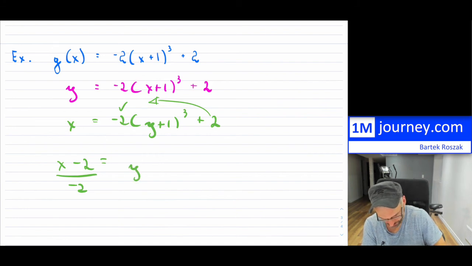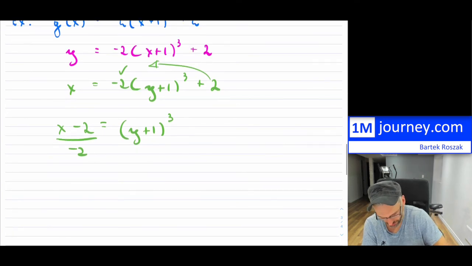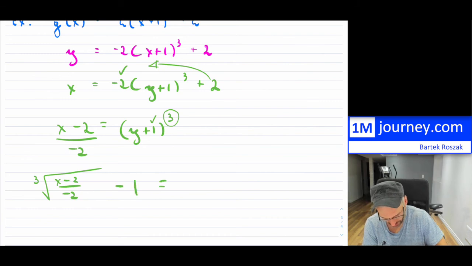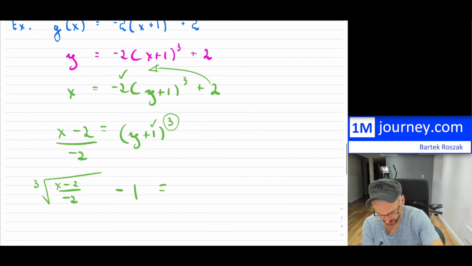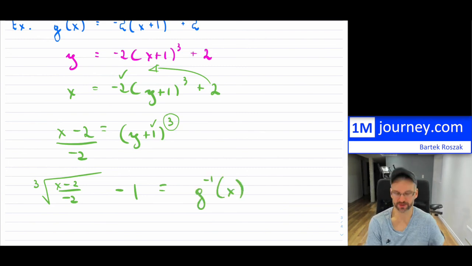And I don't want to skip too many steps for you. Now we have to get rid of this cube, so we're going to have to take the cube root of (x minus 2) over negative 2, and then shift this 1, so it's going to be minus 1. And that's your inverse function. Since it was g, I can just call this g inverse, and that's your inverse.